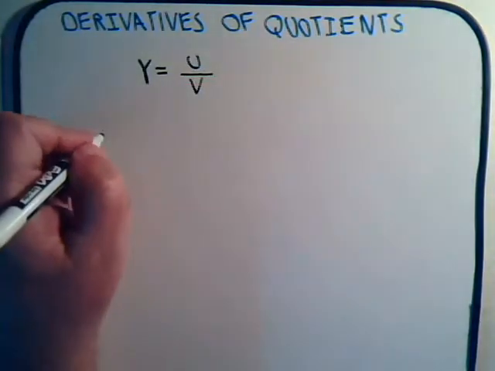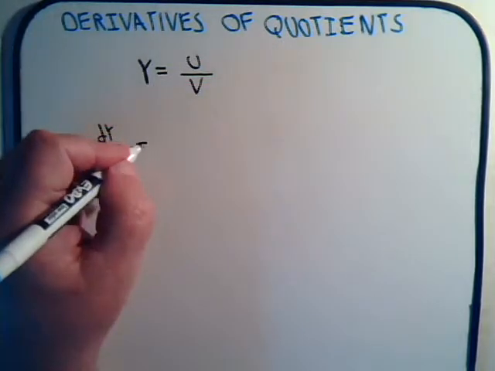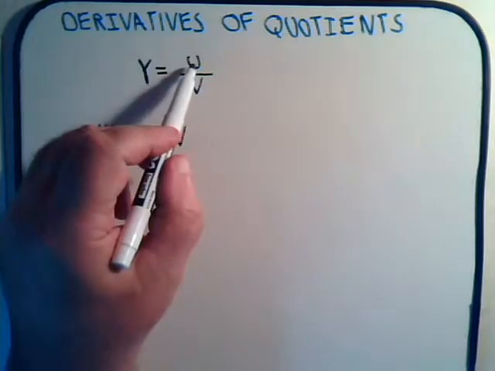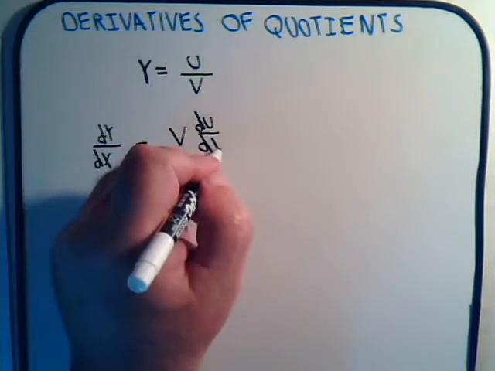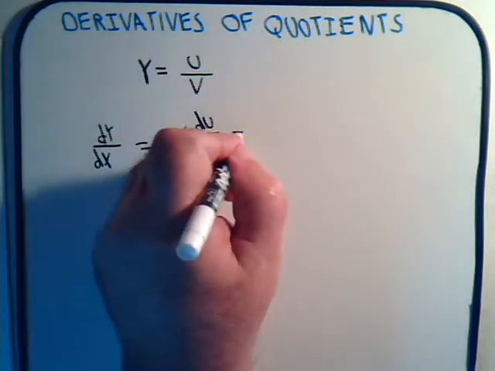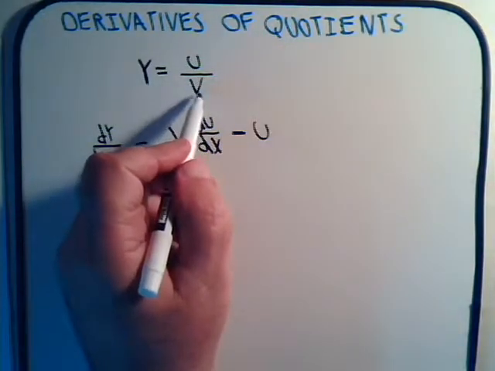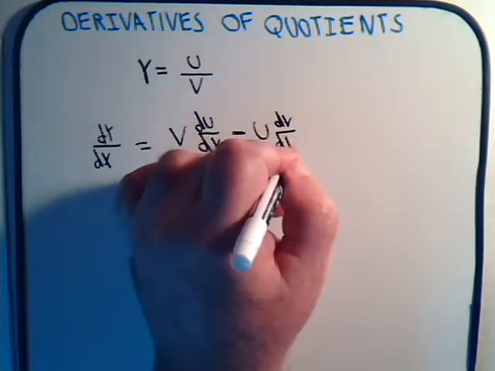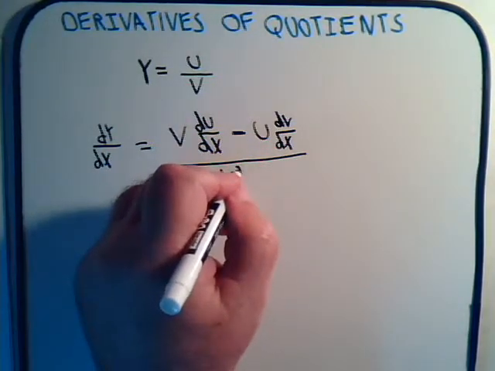And the formula is dy dx is equal to this function here, v, multiplied by the derivative of this function, du dx, because we're taking derivatives with respect to x, minus, now, this function times the derivative of this function, and everything is divided by v squared.